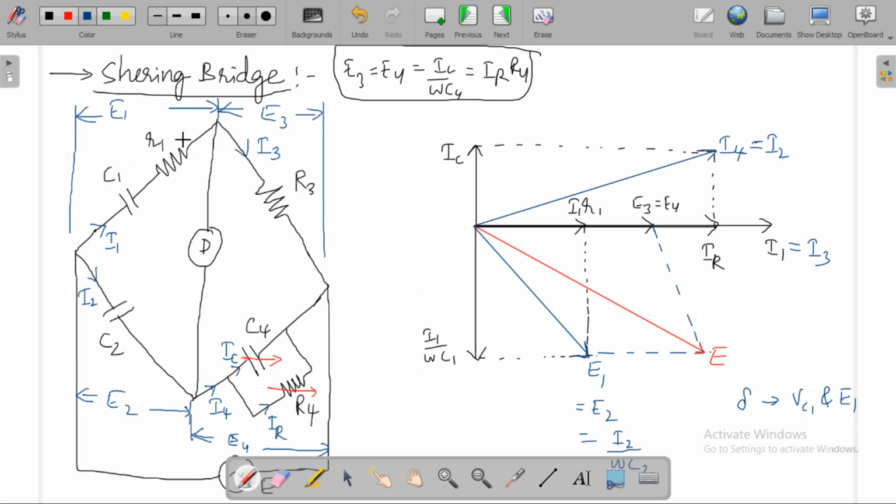And total voltage across the impure capacitor will be E1. So the angle between these two will be delta. The angle between VC1 and E1 will be delta.